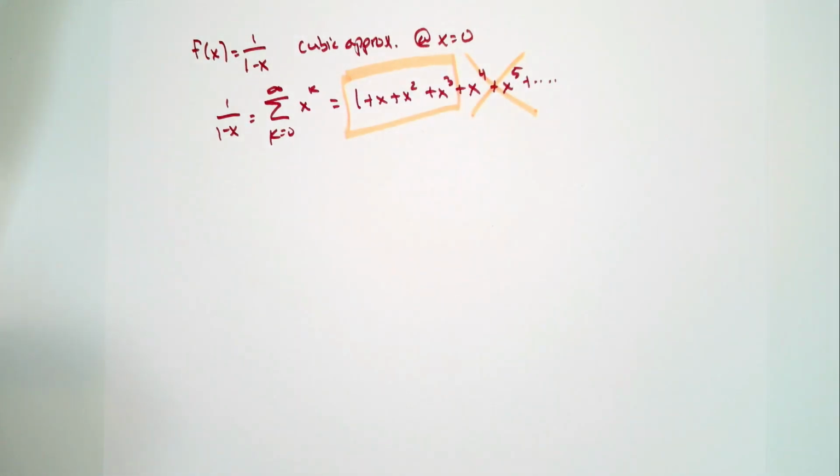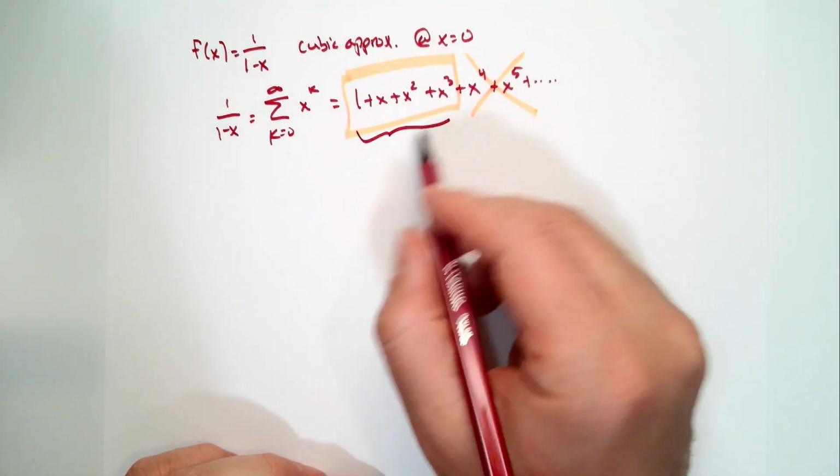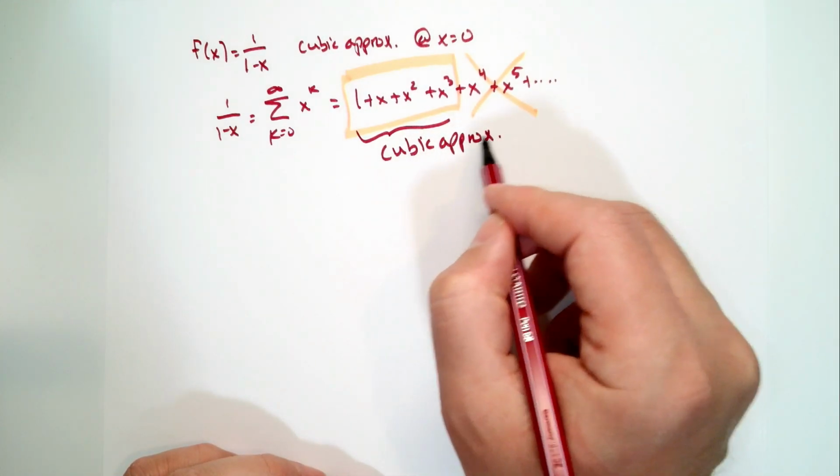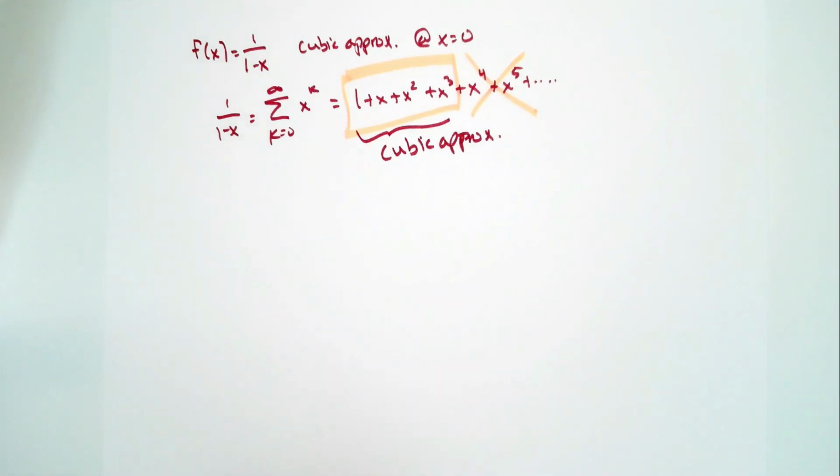And that's what you do. Once you find a series, it's the series. So this part here at the start is our cubic approximation that we're after. Now really that was the easy part of the problem, and we didn't have to do hardly any work at all. It's beautiful. No derivatives, out it comes.